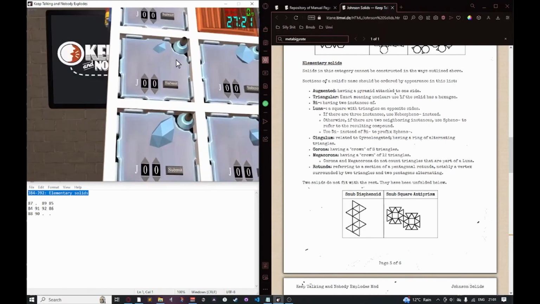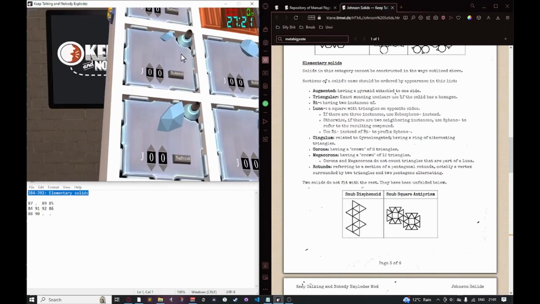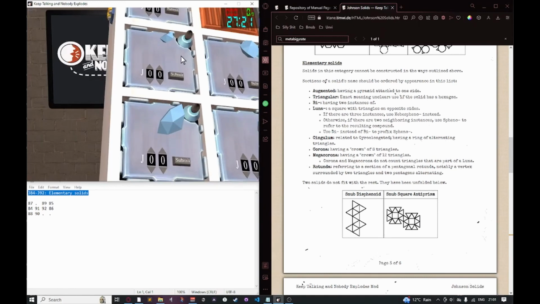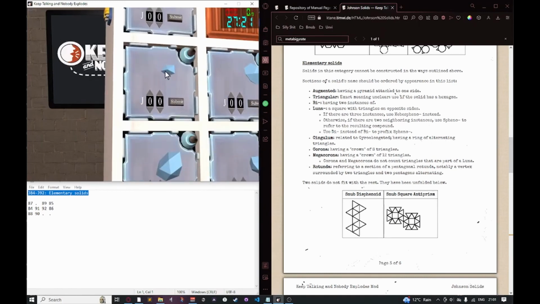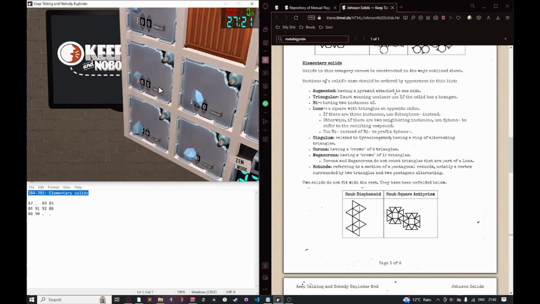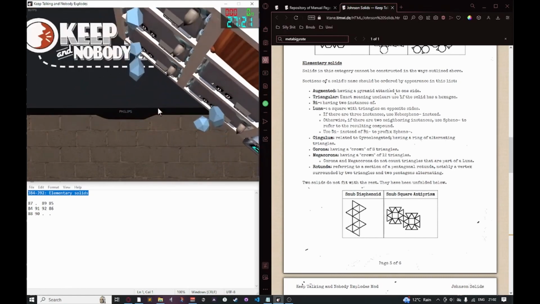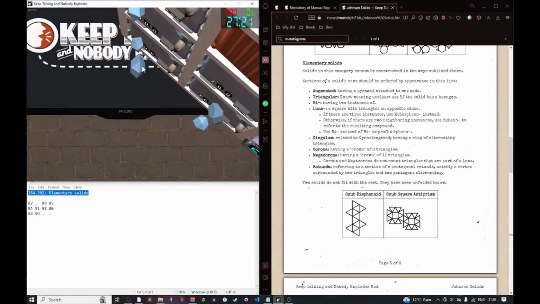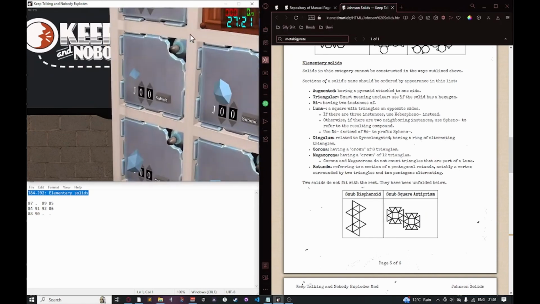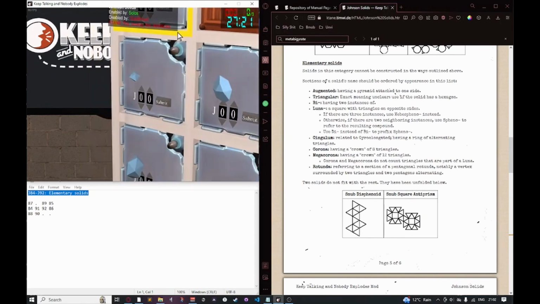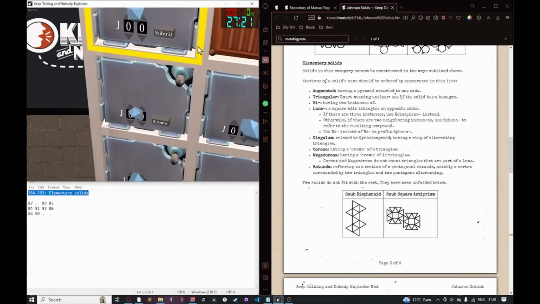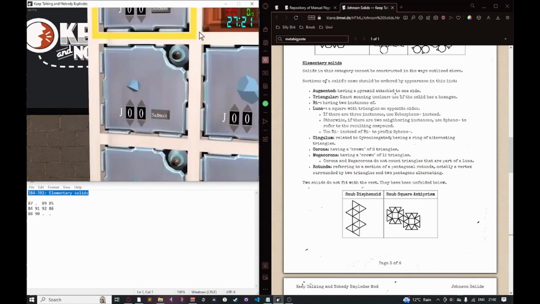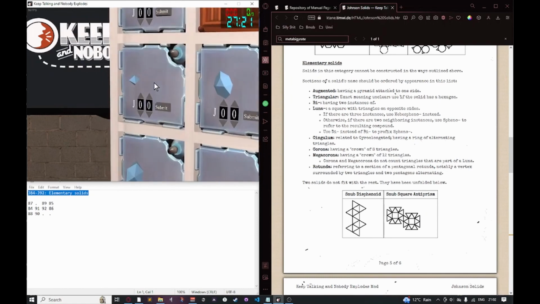You could also say that if you look at the bottom here, you have these 2 triangles. Opposite that, you have 2 triangles here, and then a ring of triangles separating those halves, is another way you can look at it.